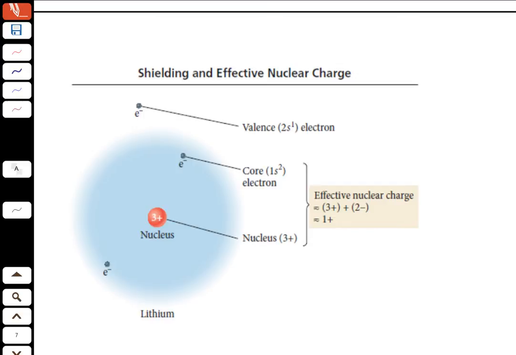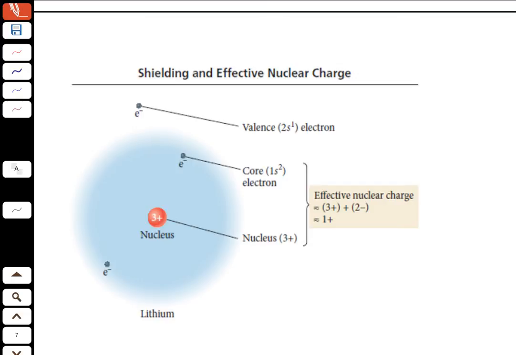Well, let's take it step by step. As they go across, there's more protons in the nucleus, there's more attraction. So as we go across, there's more electrons, but there's also more protons, right? If you go 3, 4, 5, 6, 7, 8, those are more protons.